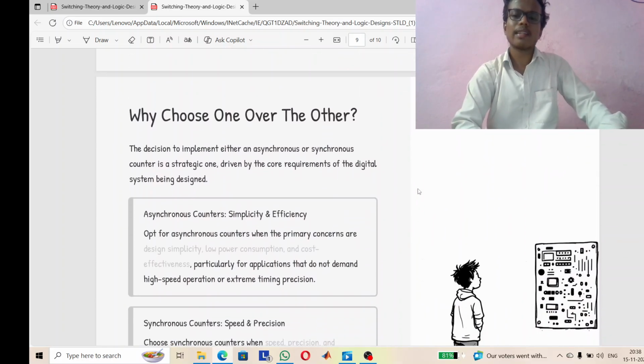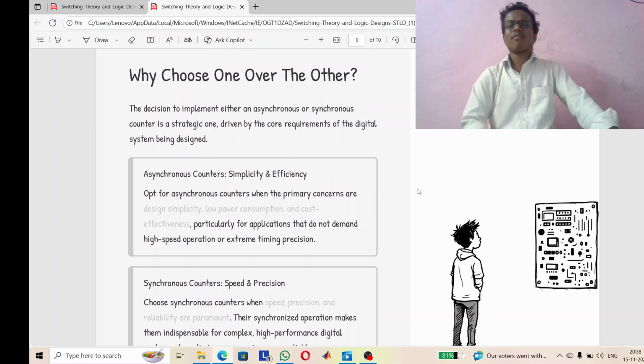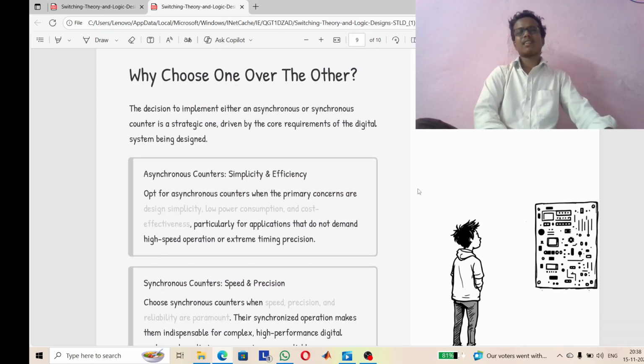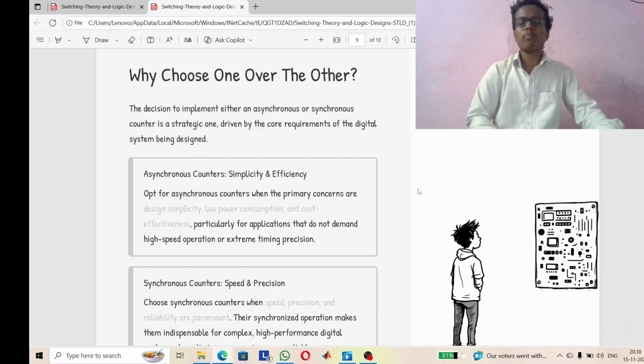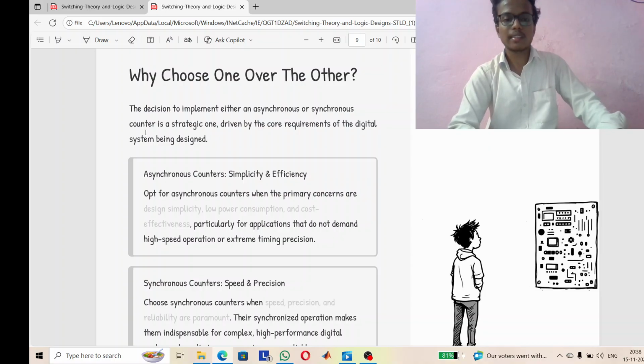Let's see why we choose one over the other. We have various options like other counters, but why do we choose this one? The decision to implement either an asynchronous or synchronous counter is a strategic one, driven by the core requirements of the digital system being designed.